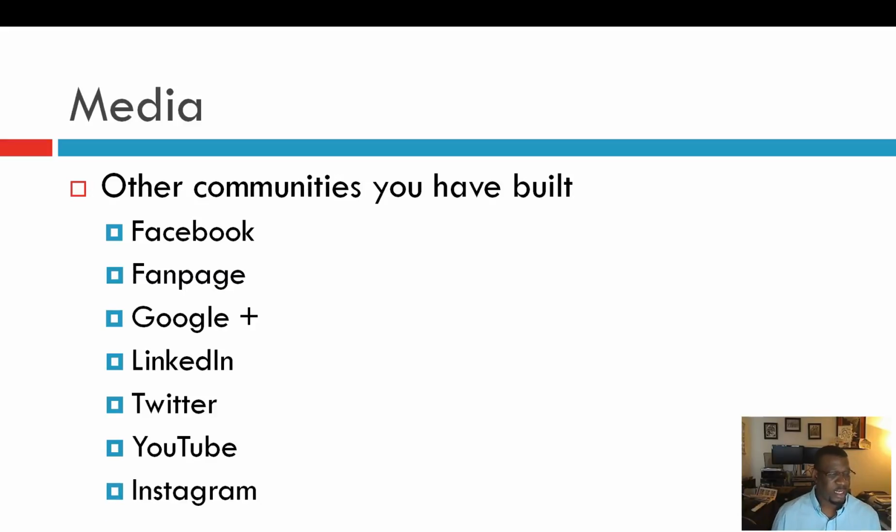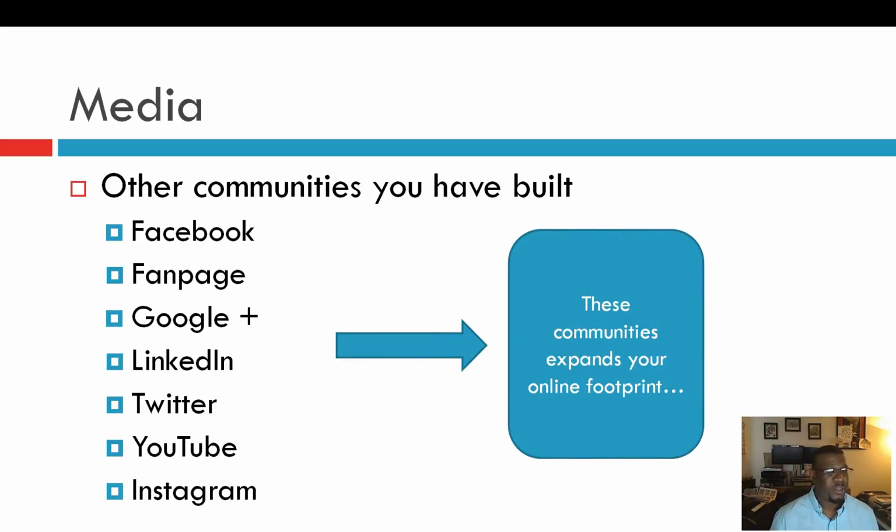And of course, there's Instagram. There may be some others that I'm not actually putting in here, but you get the gist. Get all your online communities together, and make everything match up so that you can build a great online presence of real estate. So as you can see, as I stated, these communities expand your online footprint.